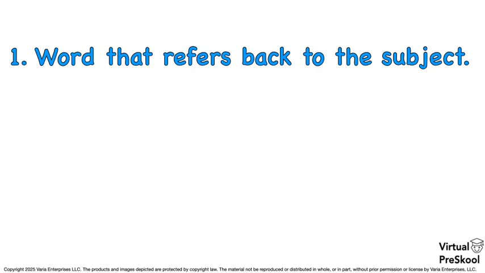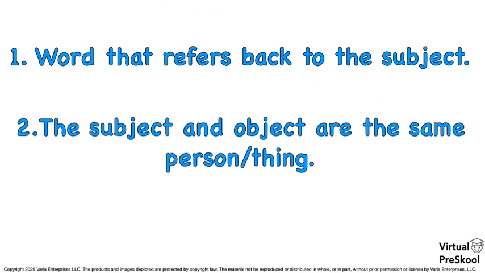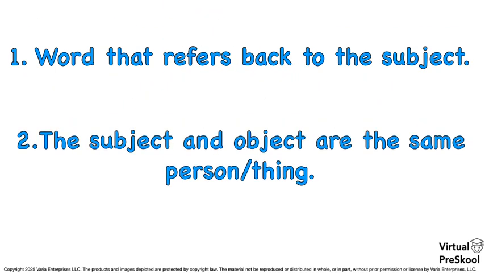And remember, the subject of a sentence is the person or thing that the sentence is about. So again, here we are defining what reflexive means. The first meaning is that it refers back to the subject of the sentence. The second meaning is that the subject and object are the same person or thing.